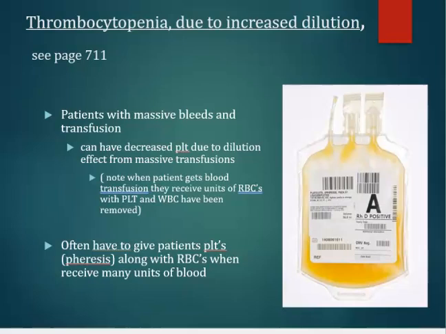The platelets and the white blood cells have been removed. Often these patients have to get platelets along with the red blood cells when they receive many units, because the platelets in their body get diluted out because of the red cells they have received during the transfusion.